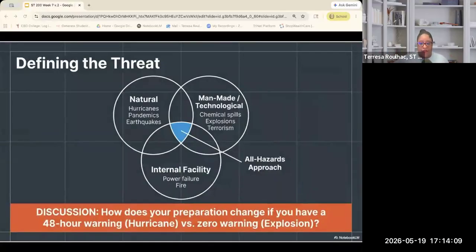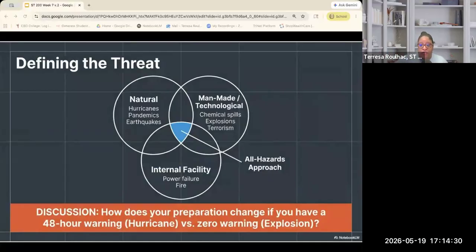So, we define the threat. I want you to look at this image before we even talk. And as you're looking at it, I want you to notice, think about the first thing that you notice. Okay. You have three circles and they overlap.